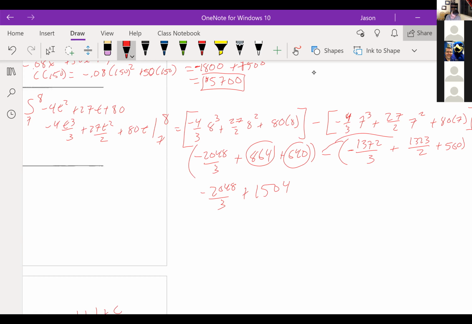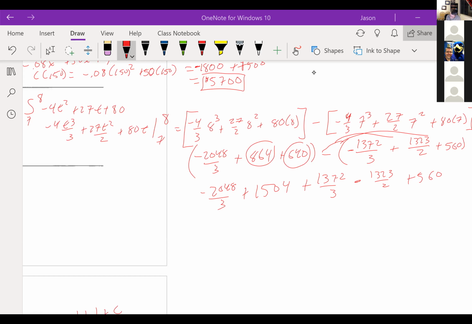Distribute this negative, and it makes this thing positive, so that's positive 1372 over 3 minus 1323 over 2 plus 560. Okay, so then we could do 2048 minus 1372.